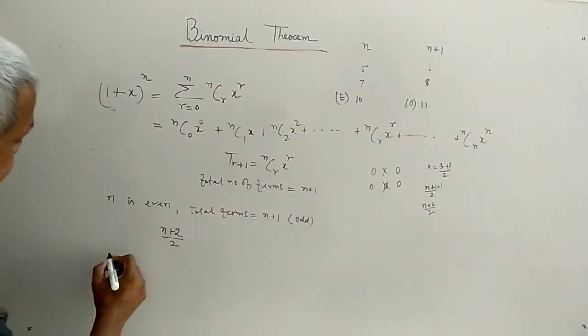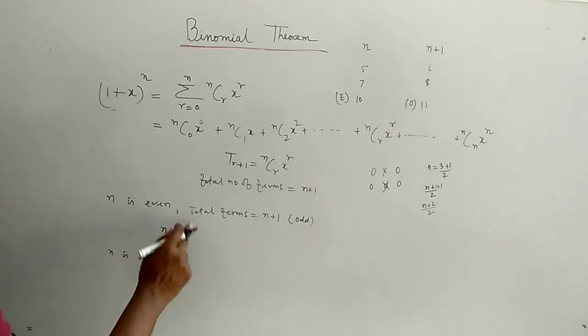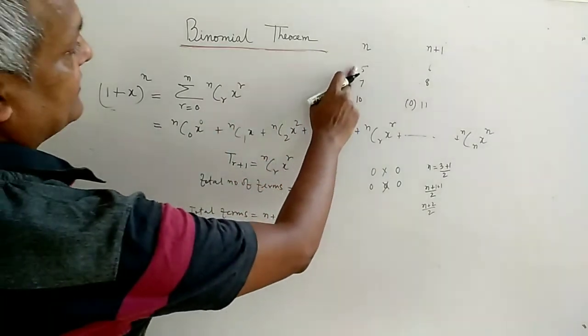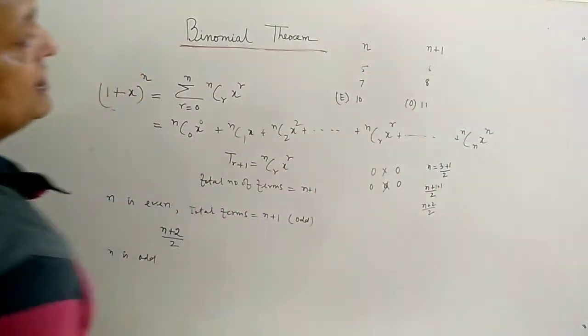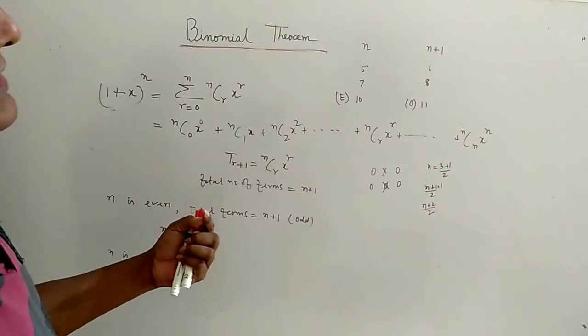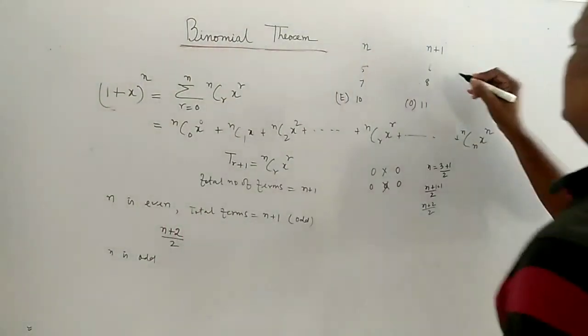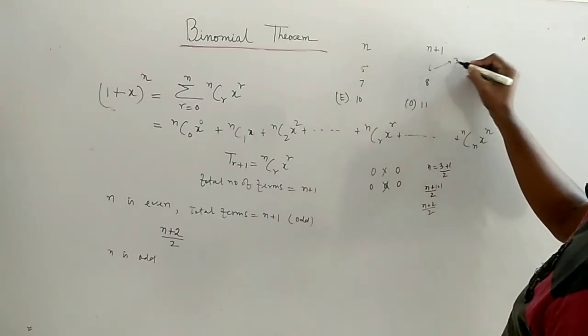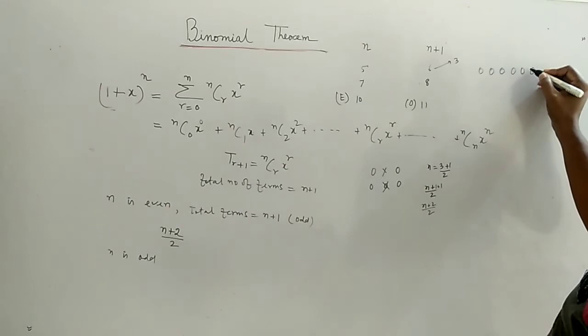And when n is odd, like 5, you'll get a total of 6 terms. When you have an even number of terms, the middle is half of that, meaning third. Here 6 halved is third. Just see 6 balls, 1 2 3 4 5 6.